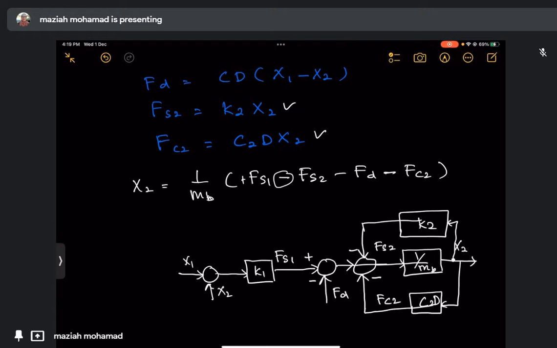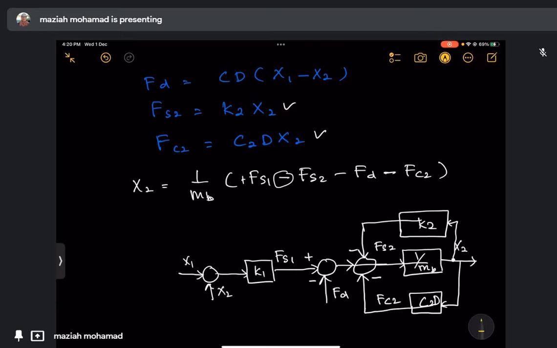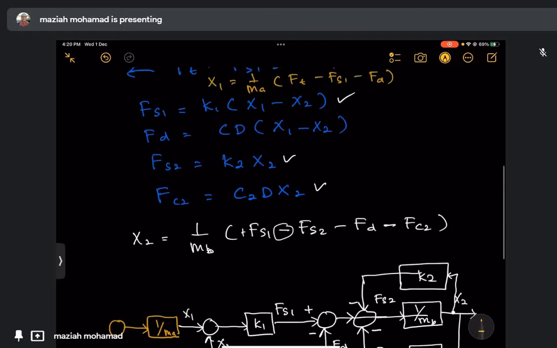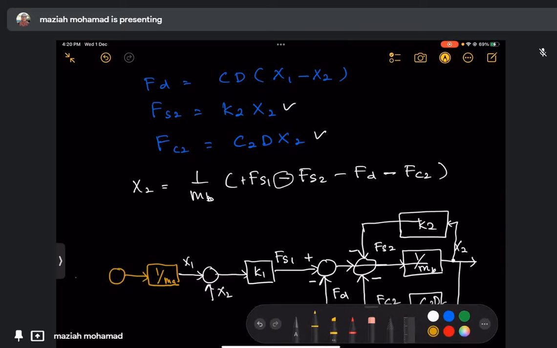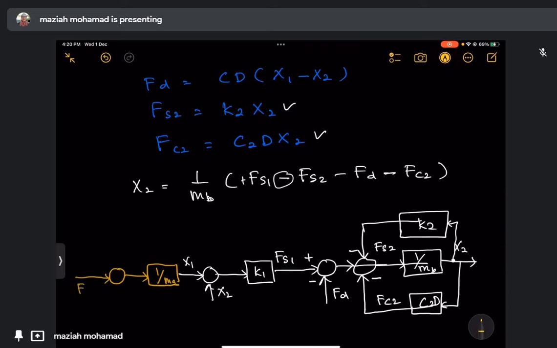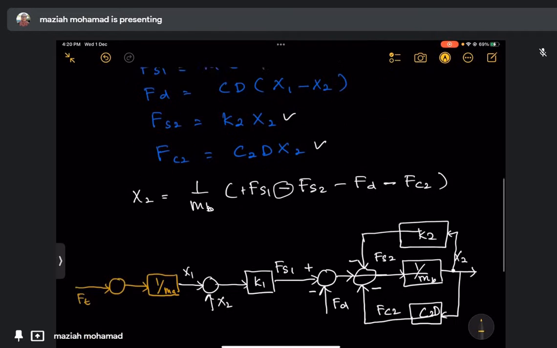Right. So X1 here is 1 over MA. Then the summation is FT, the input, and then minus FS1 minus FD.